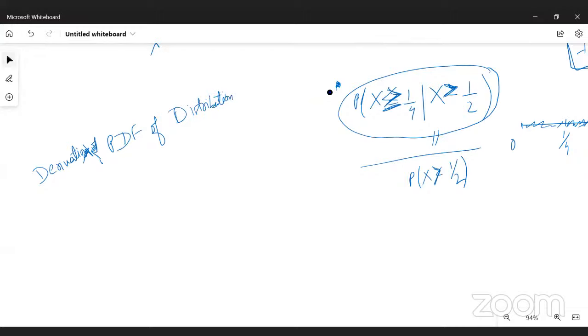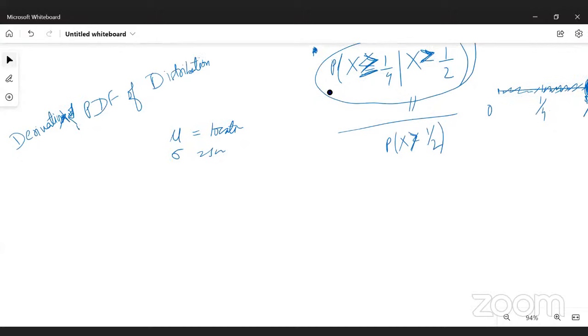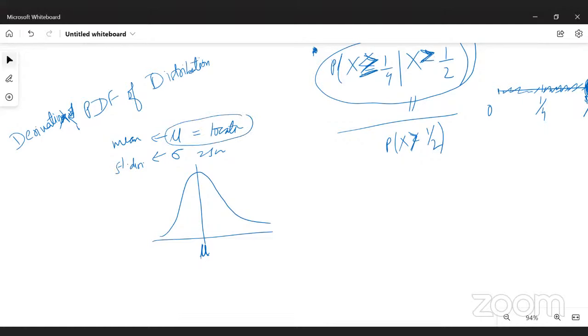Mu is defined as the location parameter, and this is the scale parameter. Mu is the mean, the expected value, the long-term average, and sigma is the standard deviation. Mu gives the location, where most of the values are clustered.